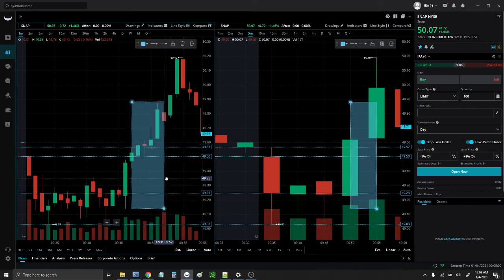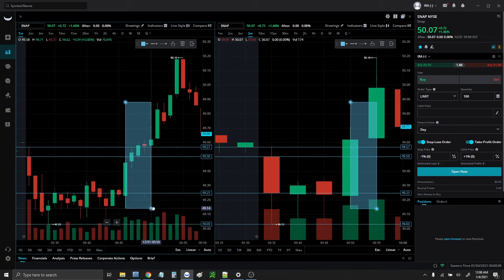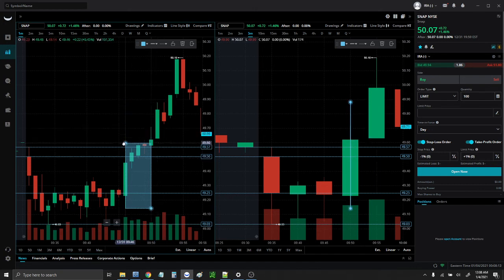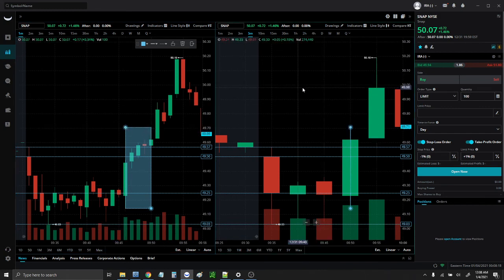The box is more than 5 minutes. There. So it's actually going to be this particular candle right there. Okay. So that's the aggregation periods.